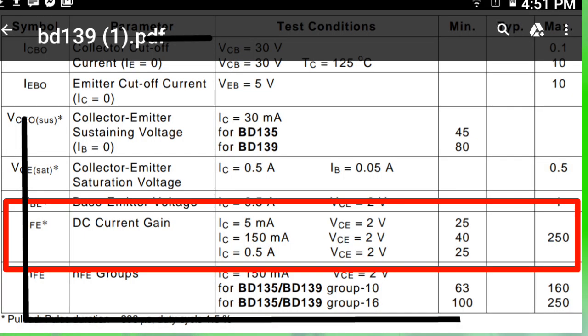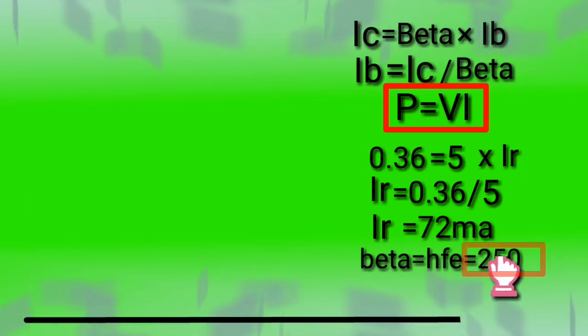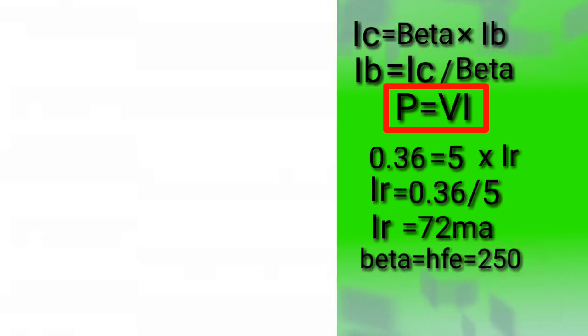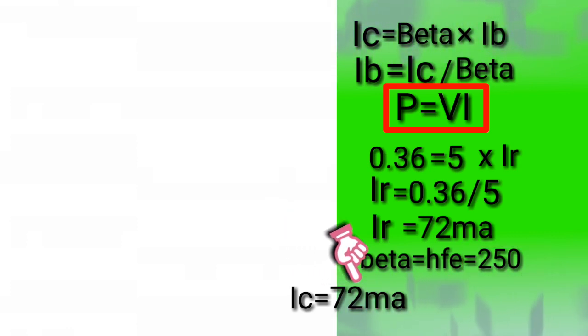Since the current gain of the BD139 is 40 to 250, let's choose 250. Also, you can choose the collector current equal to 72 milliamp or greater than 72 milliamp.